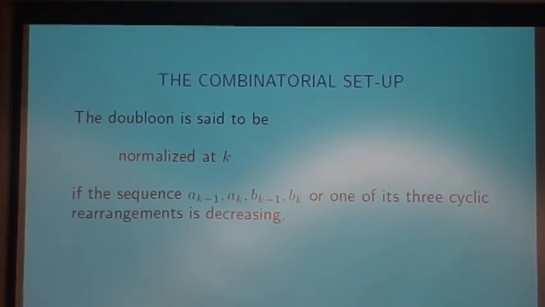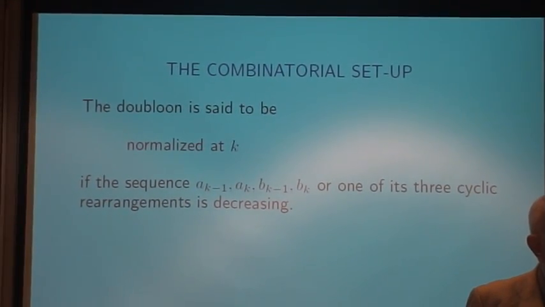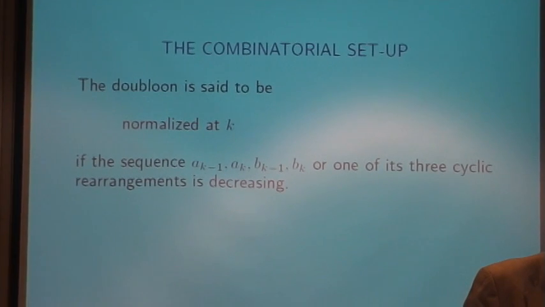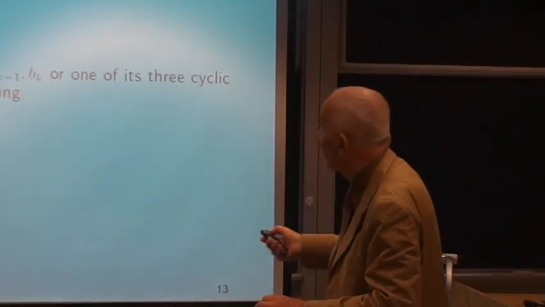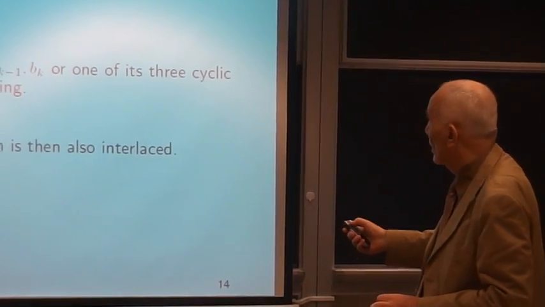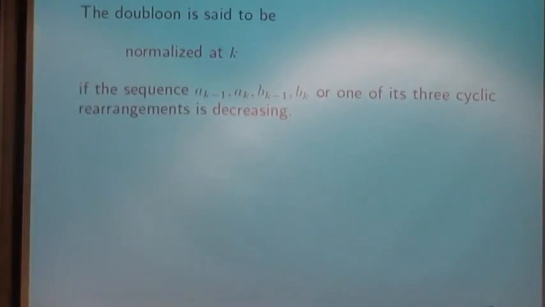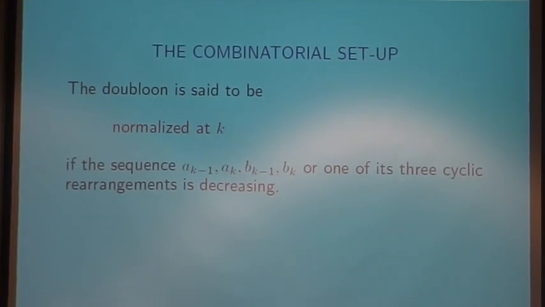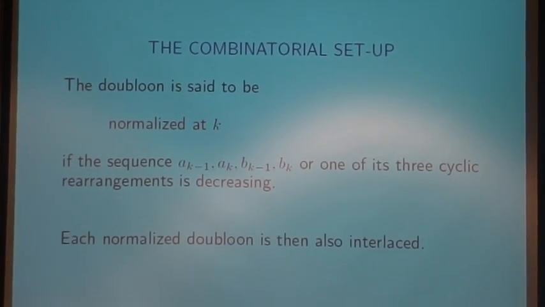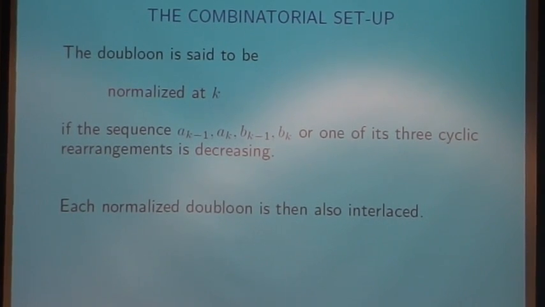Surprisingly enough, we need those two concepts. If that sequence I mentioned before, A_{k-1}, A_k, B_{k-1}, B_k, is strictly decreasing, then we say it's normalized. So obviously, each normalized doubloon is then also interlaced.